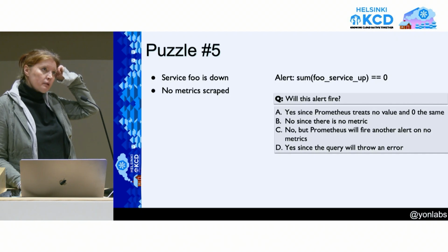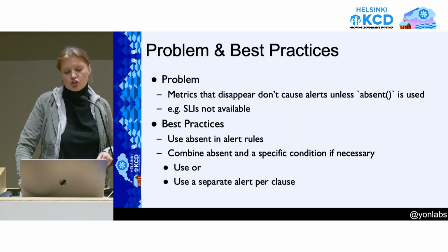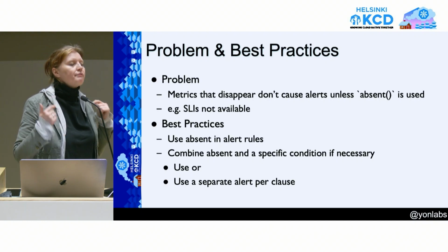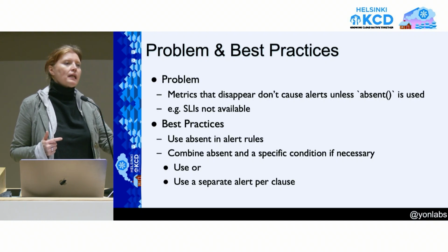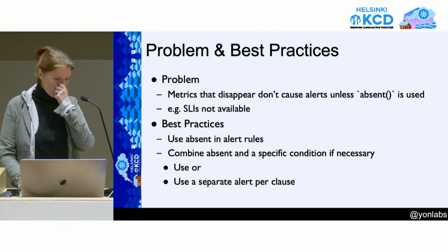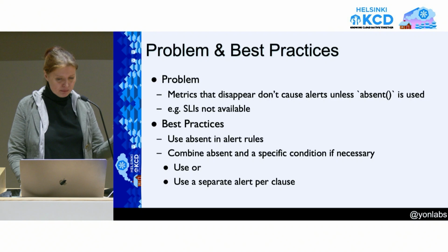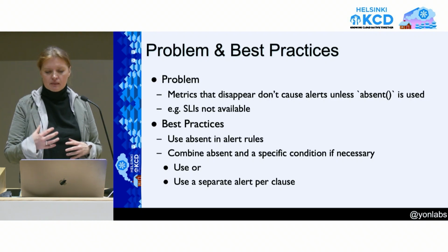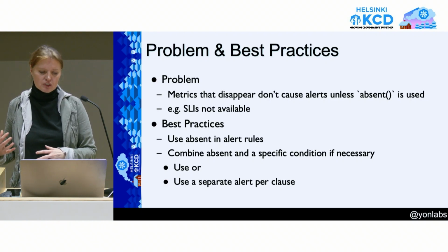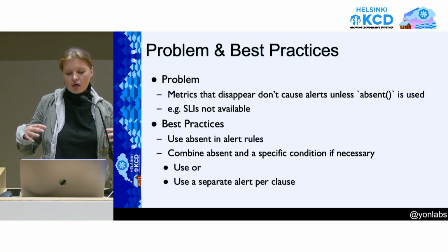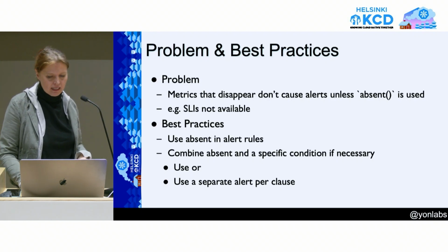So this is again a pretty common situation when we don't think about what will happen when we don't have this metric available. We rely on metrics, and our regular approaches use metrics. And in many cases, we need to use the absent function and combine absent with a specific condition if necessary. We can use or and concatenate those two clauses, or we can use a separate alert per clause.